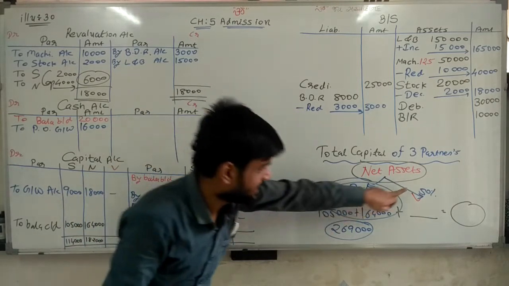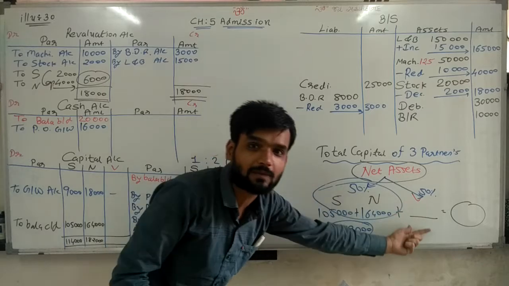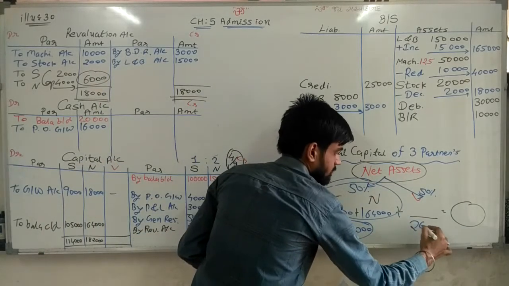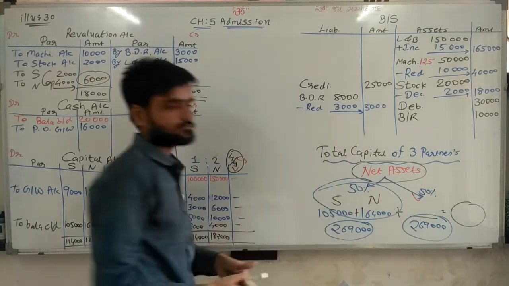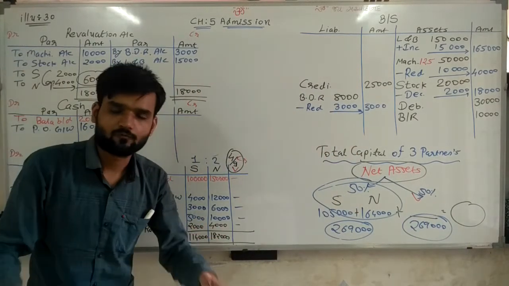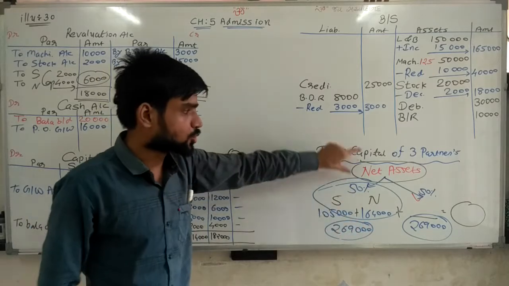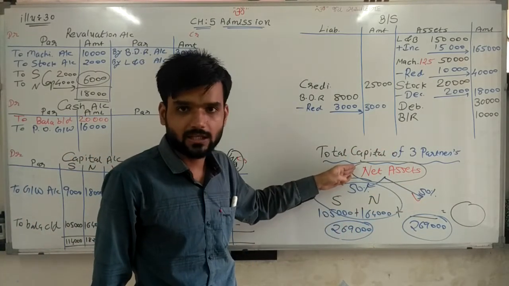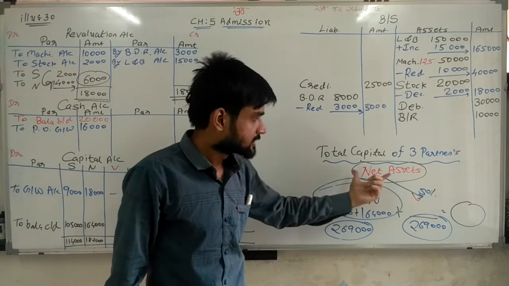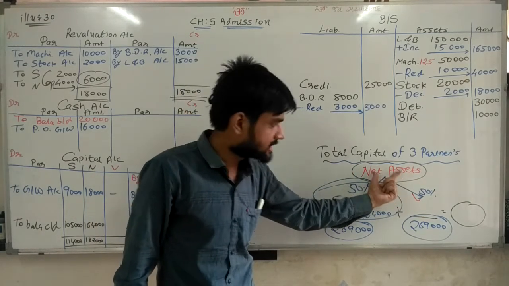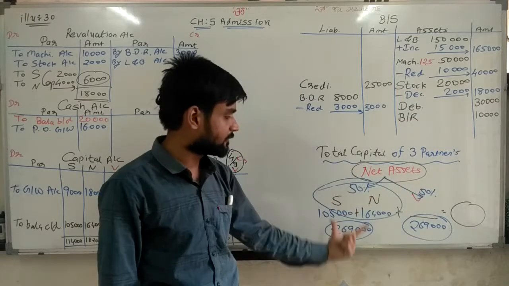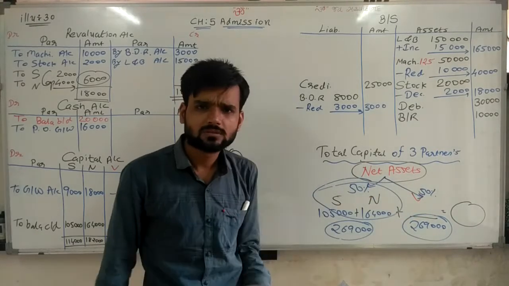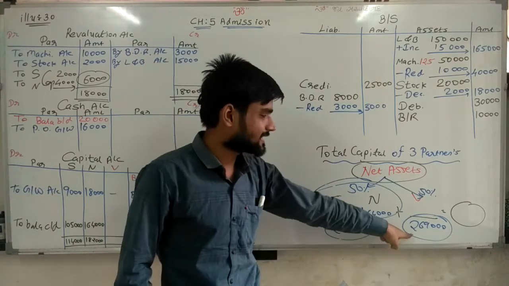It means the remaining 50% is brought by V. We find it this way because we don't know the total asset and cannot make the total of three capitals. Simple. Now we got the answer.